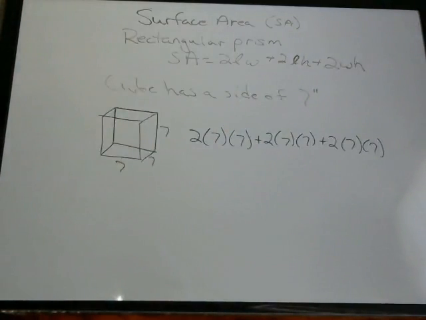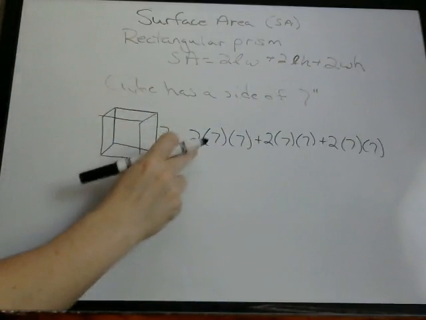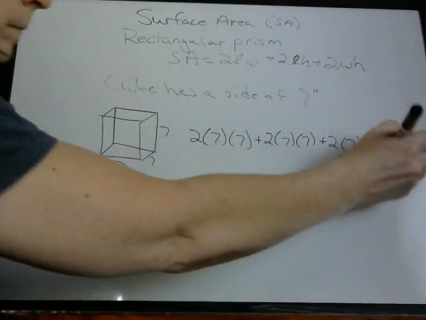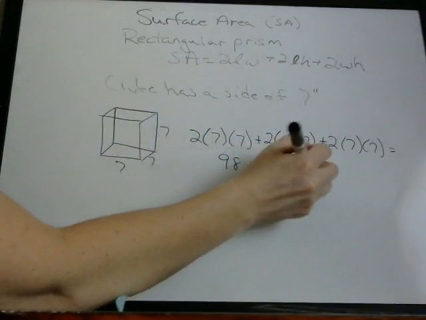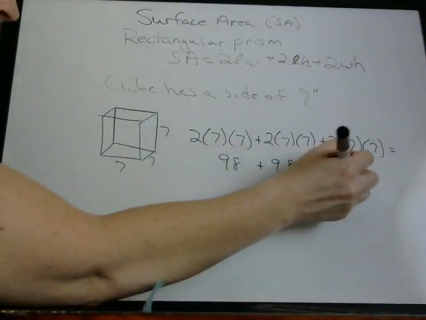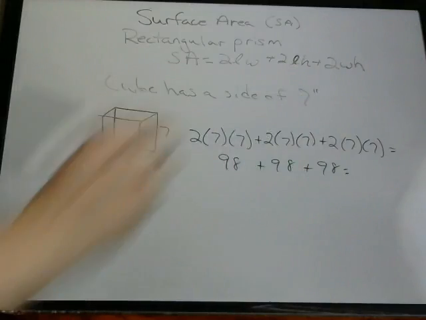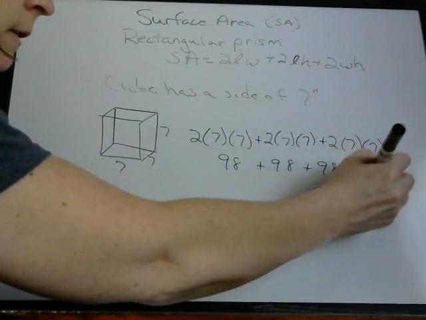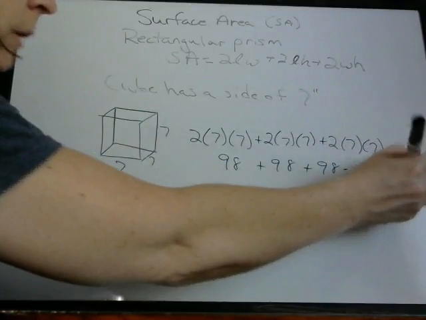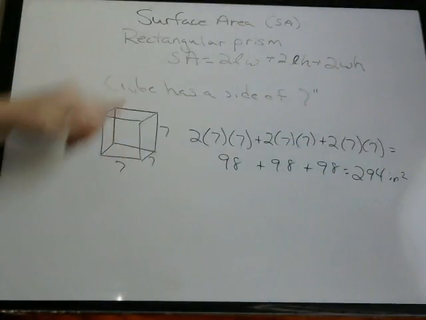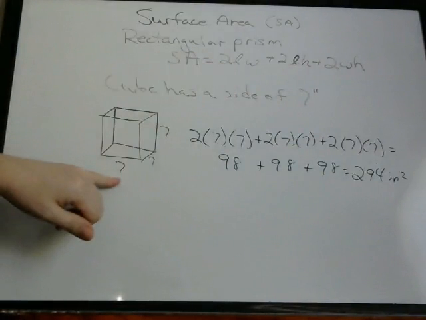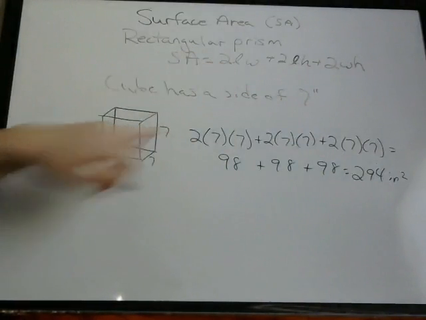So if you do all of that, 2 times 7 times 7 is 98, 98, 98. So your answer is going to be 294 inches squared. So remember, in a cube all of the sides are the same, so you can still use this formula. You just have to know that.